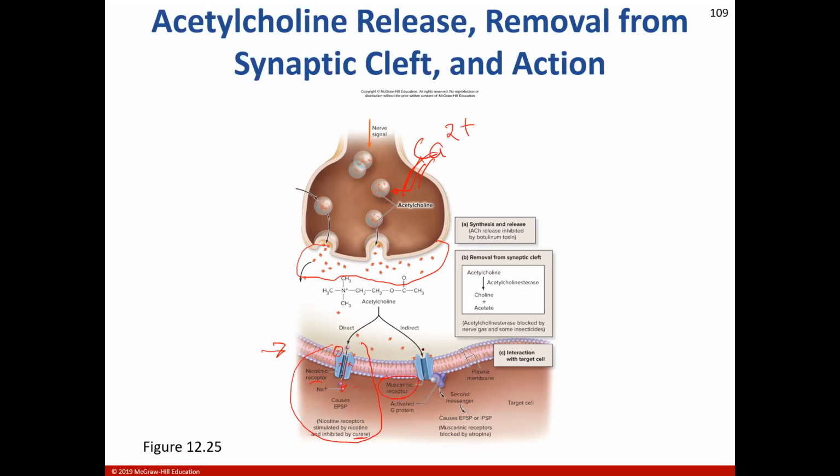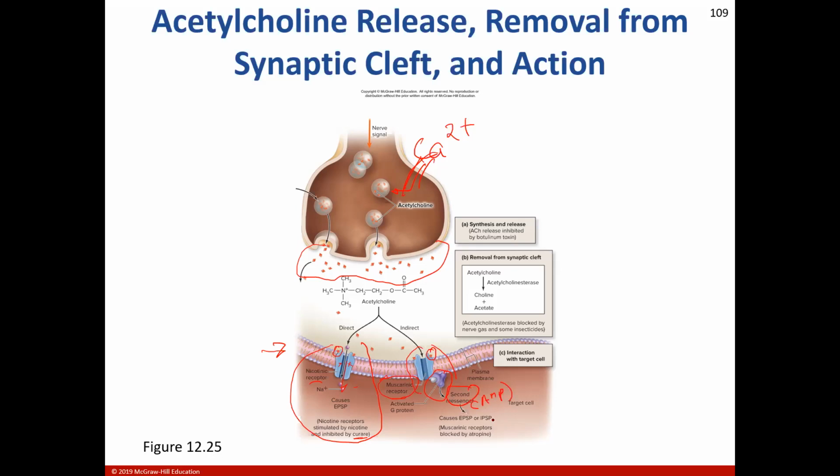And then you have an indirect receptor here, which happens to be muscarinic. So acetylcholine binds to the indirect receptor, which is a G protein coupled receptor that activates a second messenger, which is always cyclic AMP, and that will cause further depolarization. Oh, it depends on the effector, though.